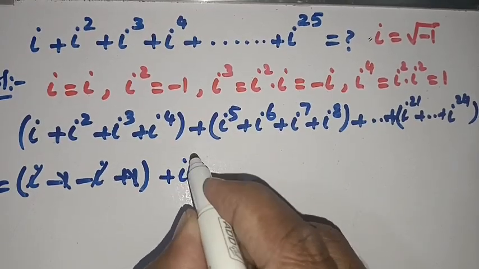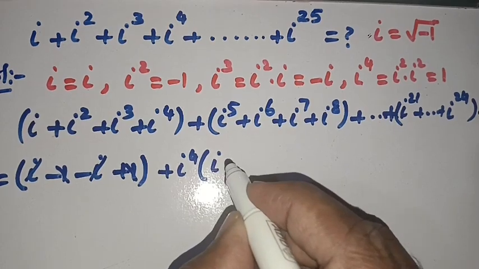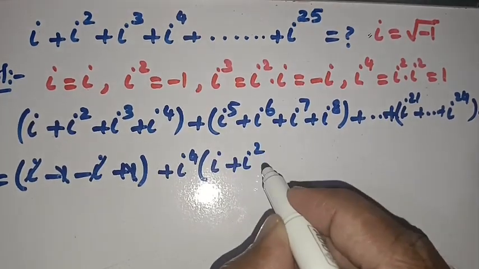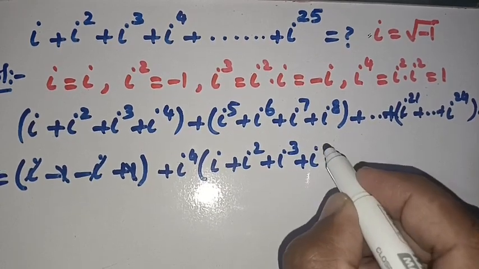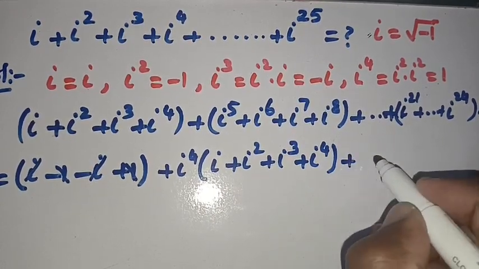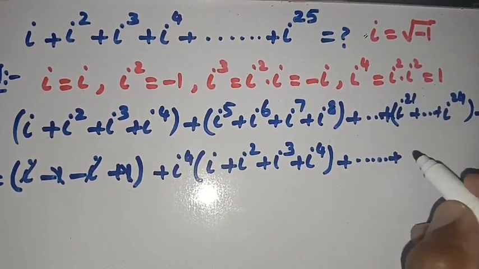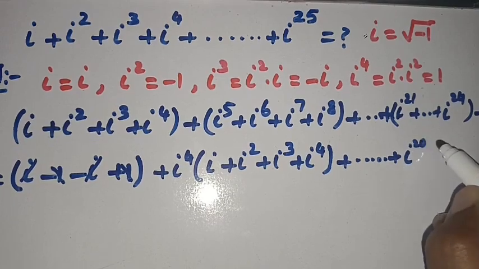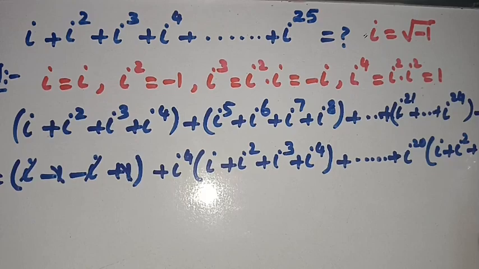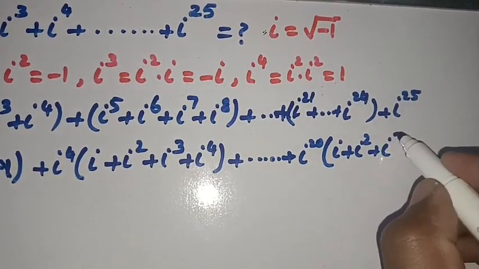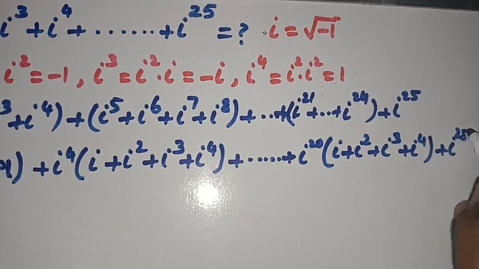In the same way, here if I take out i to the power of 4 as a common factor, then I will be left with i plus i squared plus i to the power of 3, that is i cubed, plus i to the power of 4. And in the last one also, if I take out i to the power of 20, then here we have i plus i squared plus i cubed plus i to the power of 4, plus i to the power of 25.